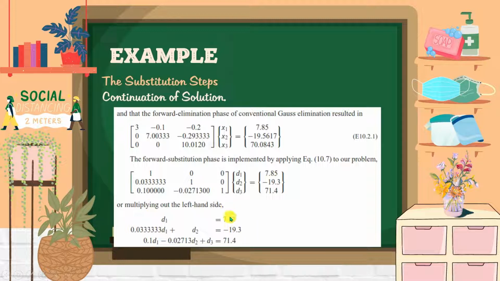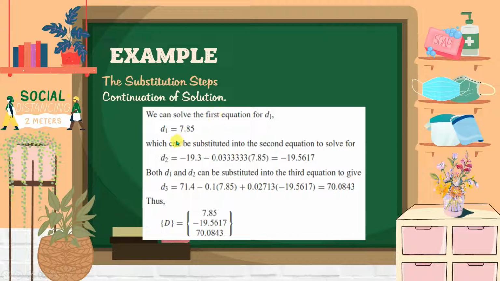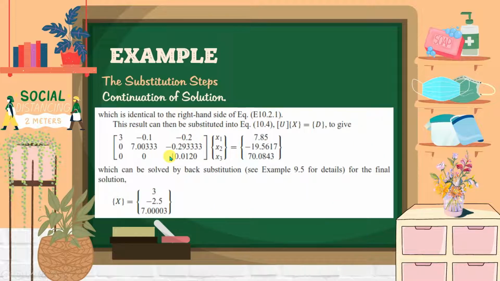With this equation, we can now solve for the values of D1, D2, D3. These values of D will be used as the right-hand side of the next equation. This result is represented by this equation, wherein the upper triangular matrix times x is equated to D, which can be solved by back substitution. We're able to find the values of x.